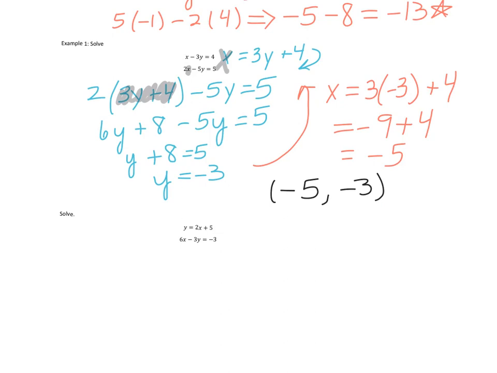All right, let's look at some other examples. And this one has a bit of a twist, so let's see what happens. So when we plug in y, we get 6x minus 3y equals negative 3. All right, so far so good. Let's solve for x.